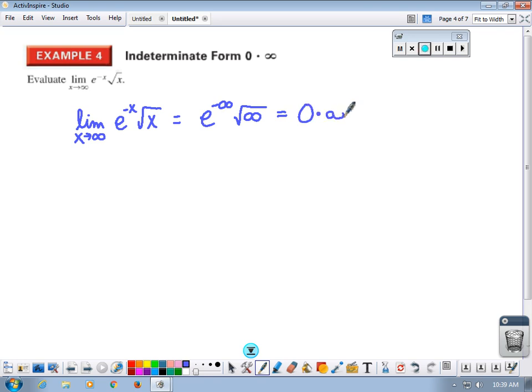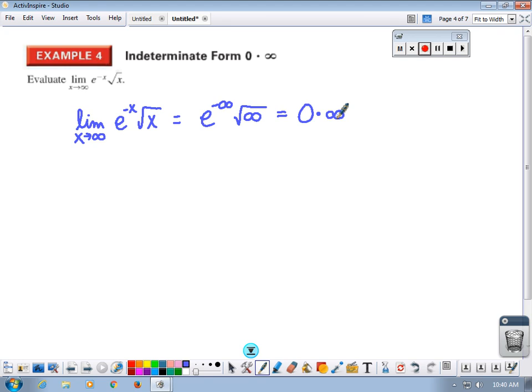So it's basically the indeterminate form 0 times infinity. So this is not 0, y'all. You can't say that 0 times anything is 0. It is, but that's if you know the number, okay? Infinity is growing bigger and bigger, and remember that e to the negative infinity is approaching 0, but it's not going to ever be 0.